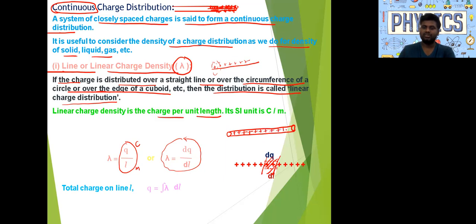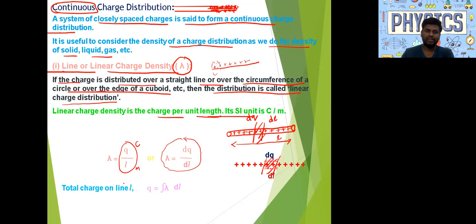So in this continuously distributed charge, we are not able to use this formula. We can use integration, and for that we take a small part with charge dq and length dl, and the overall length of the rod is l. Lambda is equal to dq by dl.